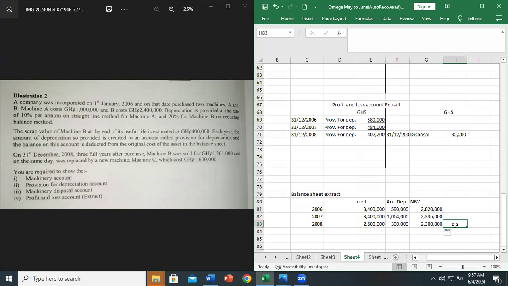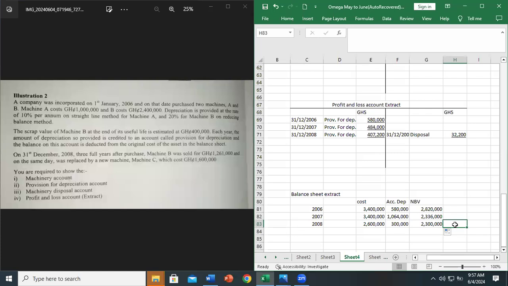Okay, so let me quickly use the remaining time, 4 minutes, to talk about our next agenda for tomorrow. Tomorrow, God willing, we are going to solve our final, very complex but simple illustration where the policy of depreciation comes to play.